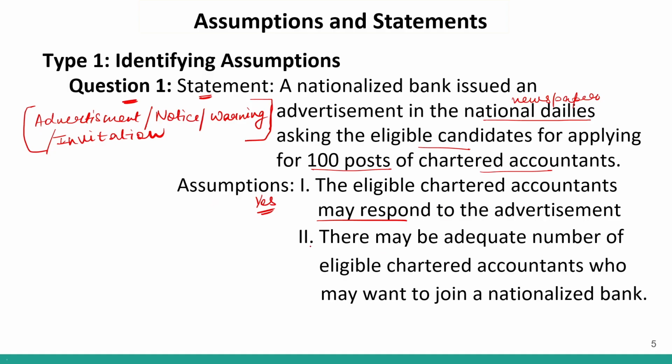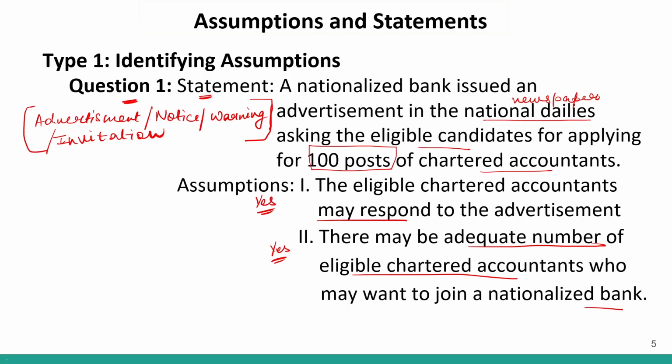Assumption number 2 says there may be adequate number of eligible chartered accountants who may want to join a nationalized bank. So obviously this is also a correct assumption. If we have put out a post for 100 chartered accountants, we have put out an advertisement saying that we have 100 empty positions, so we are expecting that there will be sufficient number of people applying for that number of positions.